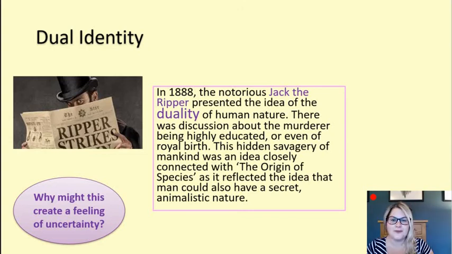And because people were so obsessed with this idea of duality, a lot of people thought that maybe Jack the Ripper was someone linked to royalty, maybe a Victorian gentleman, and people didn't quite know where they stood, so it really freaked them out. I mean, there's a question there, you don't have to answer it, but it's quite interesting how it plays into those Victorian anxieties at the time.